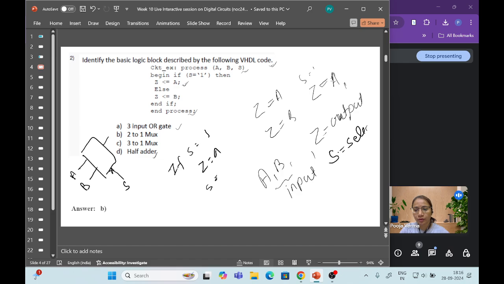If S is equal to 1, the output will be A, and if S is equal to 0, the output will be B. So it is a 2 to 1 multiplexer. We can identify it like this: A, B and S, two inputs and one selection line, and Z the one output. So option B is the correct answer. It is a 2 to 1 mux.